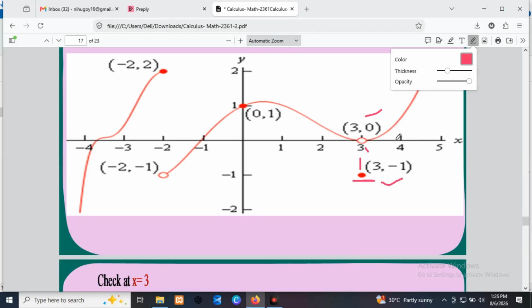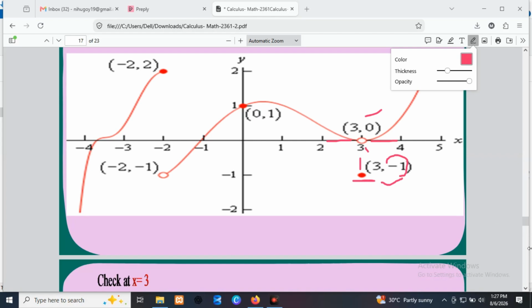As x approaches 3 from the right, the limit is 0. As x approaches from the left, the limit is minus 1. So from different directions, it has different values.